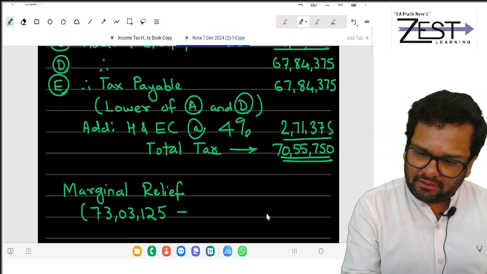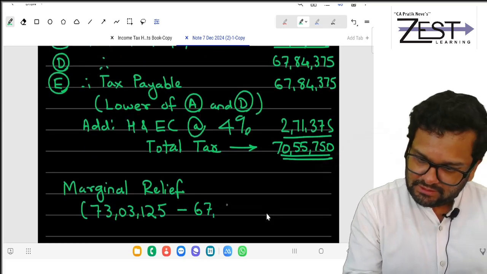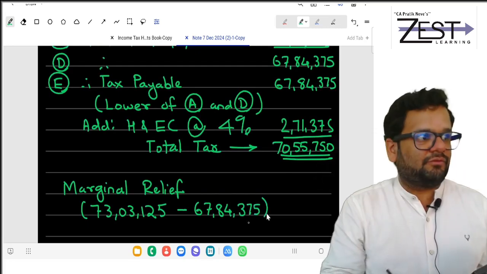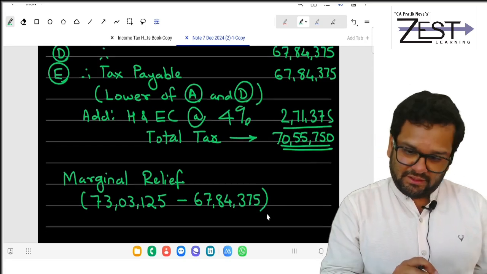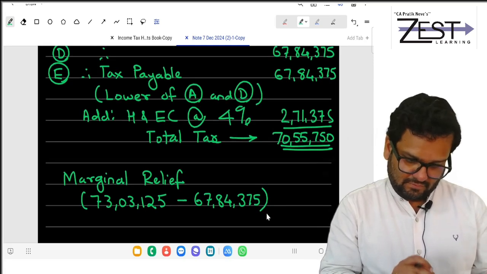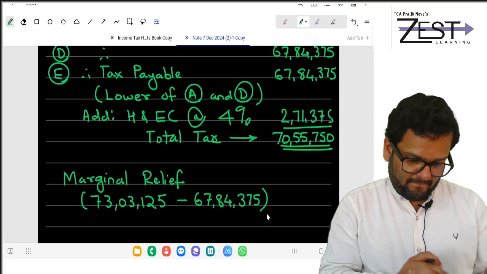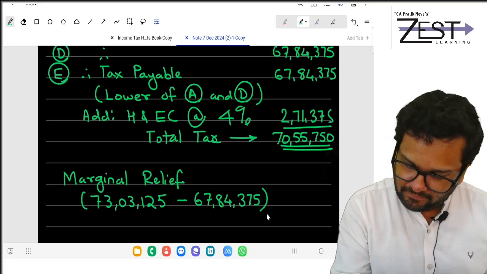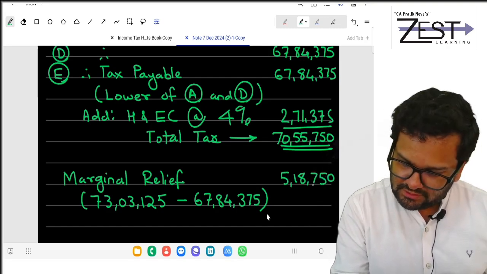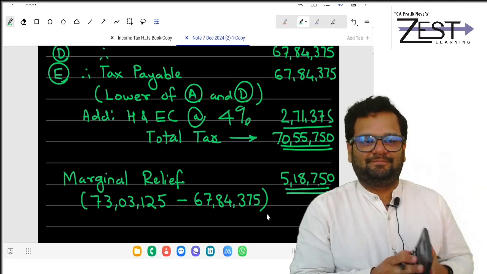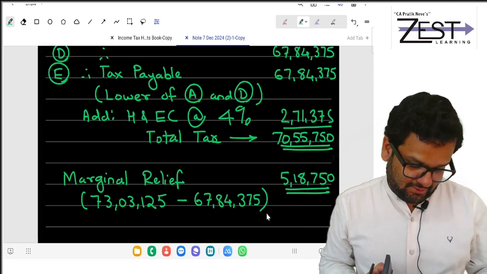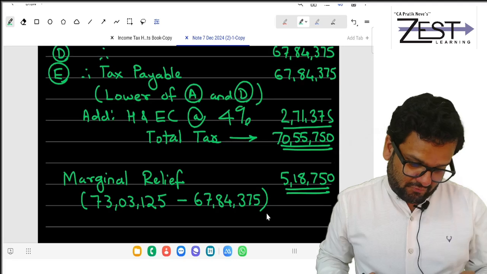But right now you are paying 67 lakh 84,375. So may I know how much is the relief? Is it 5 lakh 18,750? Did you all understand? Let us check arithmetical accuracy. Yes, perfect.